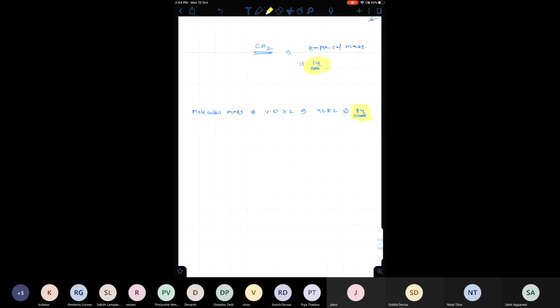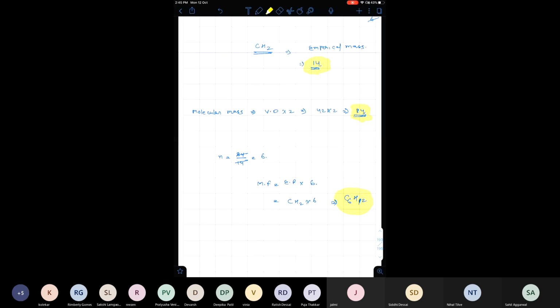Calculate the value of N. N will be 84 divided by 14. This will be 6. So molecular formula will be empirical formula into 6. That will be CH2 into 6, that will be C6H12. Very good, Siddhi.